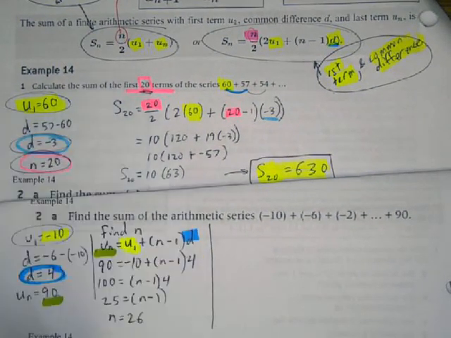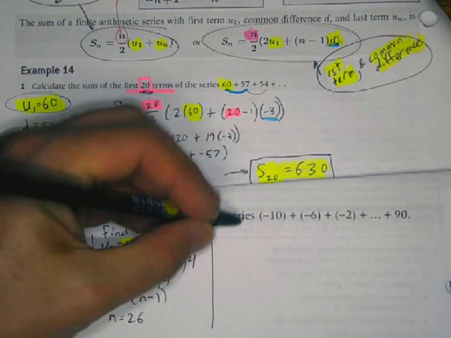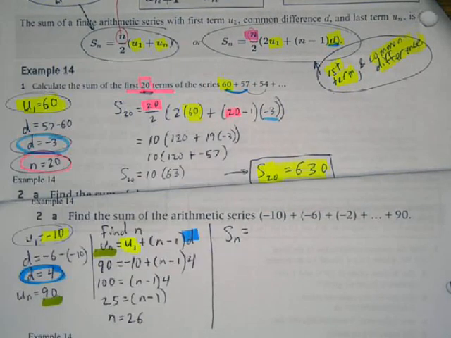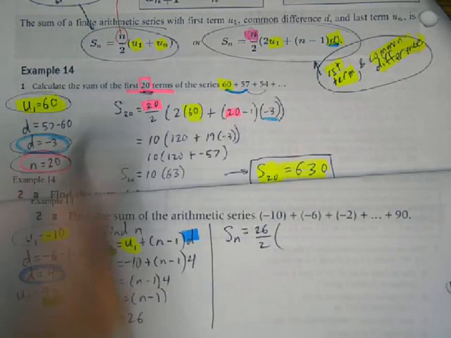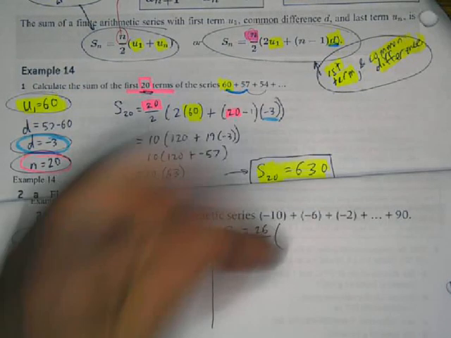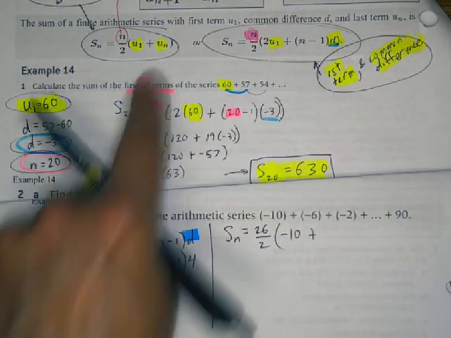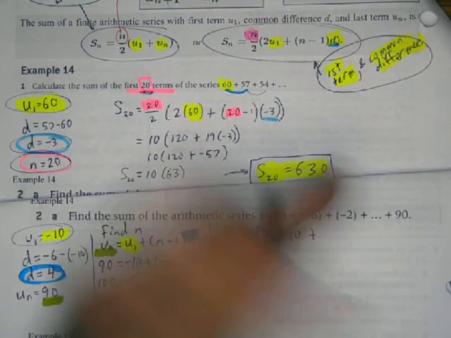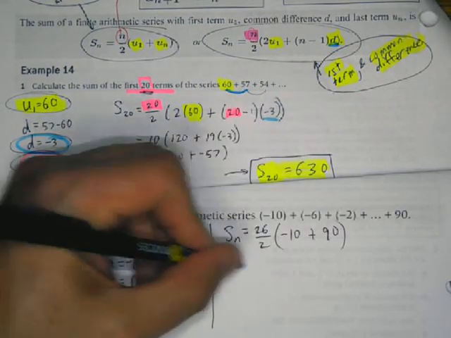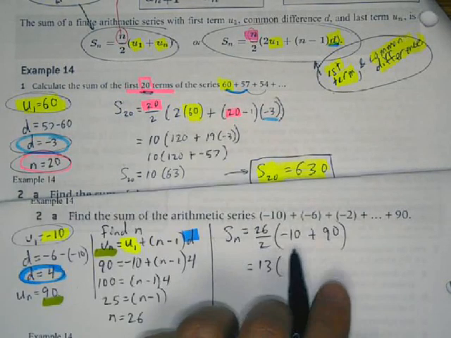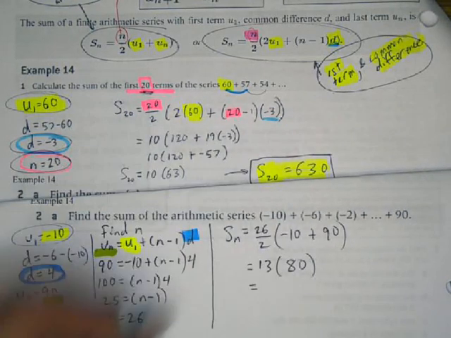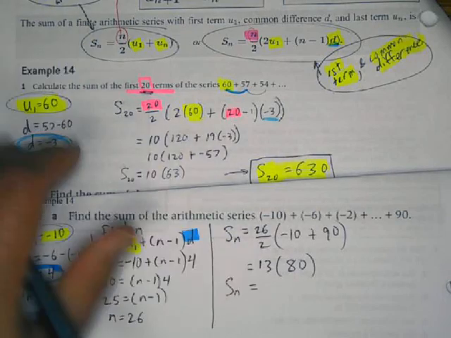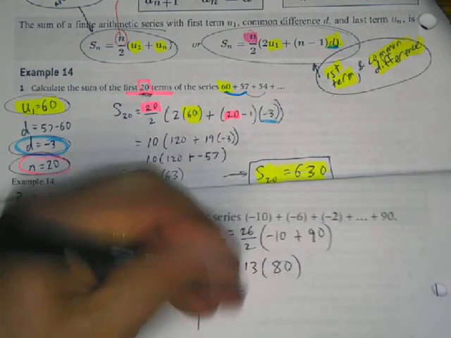So now that I know n is 26, I can use the easier formula, s subscript n equals 26 over 2, the first term is negative 10 plus the last term, 90. Okay, 26 divided by 2 is 13. Negative 10 plus 90 is 80. And I multiply those together, and we get 1040.